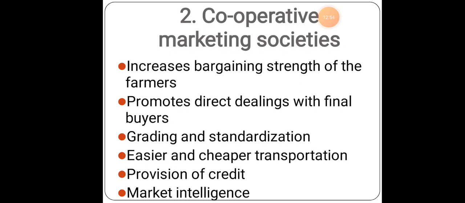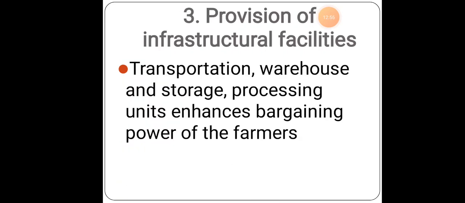All these things will be given under the cooperative marketing society. Next is the provision of infrastructural facility, that is, transportation, warehouse, storage, processing units, enhancing the bargaining powers of the farmers. All these infrastructural facilities will be provided by the government to the farmers.